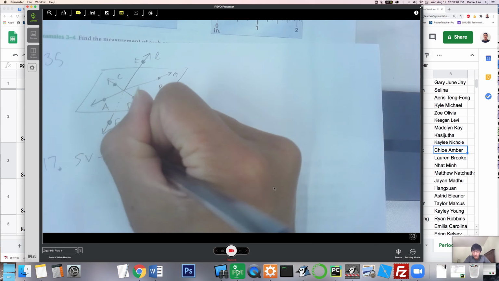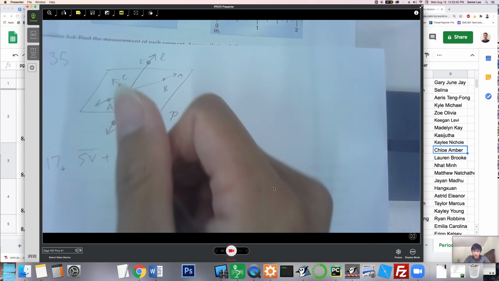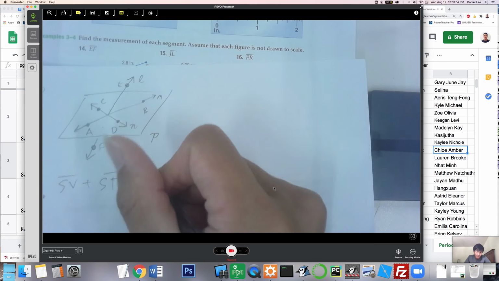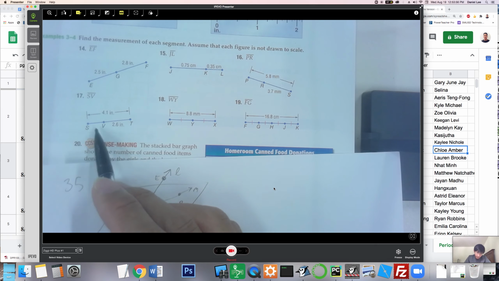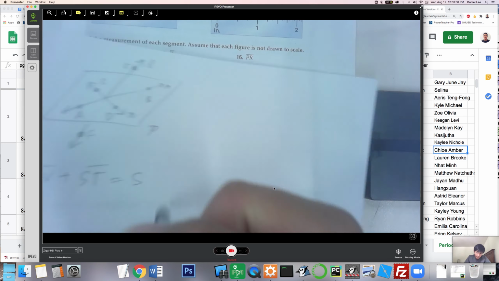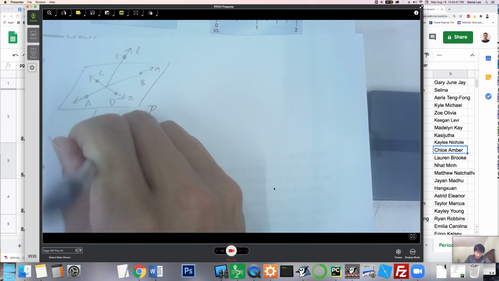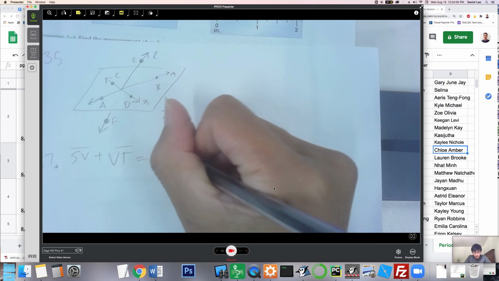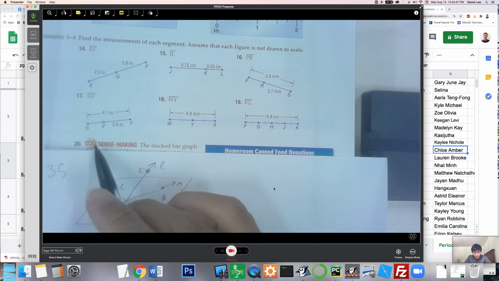SV plus VT, I'm going to do segments on top, is equal to ST. I made this wrong. So SV plus VT. So not ST here. It's going to be VT is equal to ST. Did I get that right?